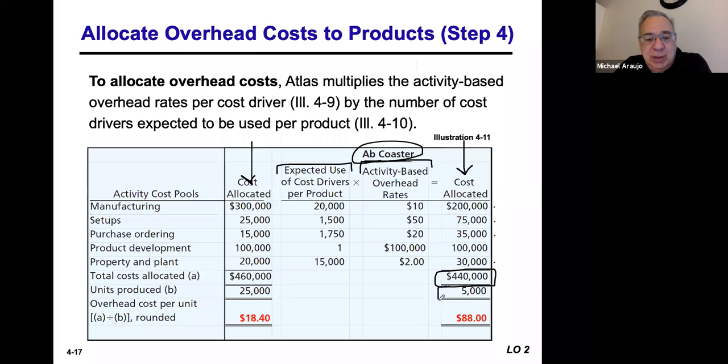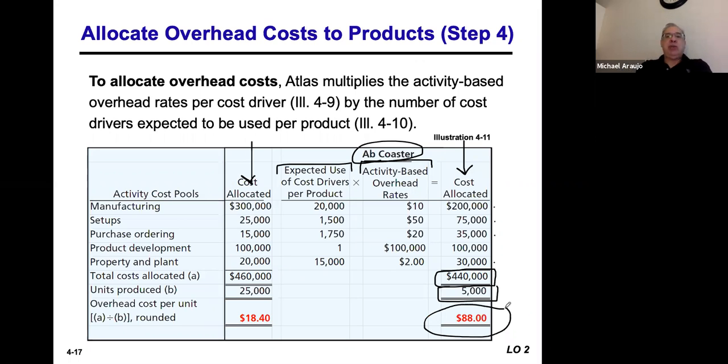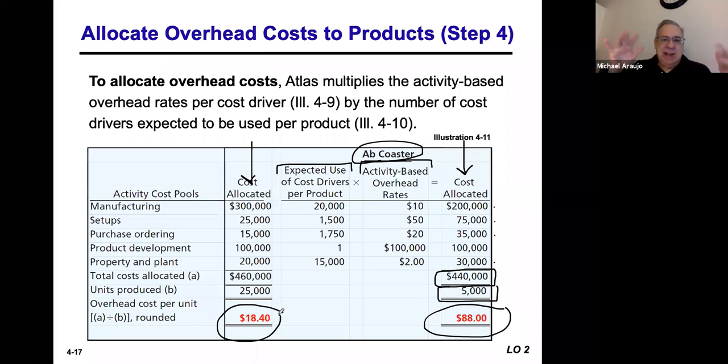And guess what? We're only building 5,000 of them. So literally every single ab coaster has a cost of production of $88 versus the ab bench has a cost of $18. That's much different than what you saw with a traditional costing system, like job order or process, where the numbers were about the same, really.